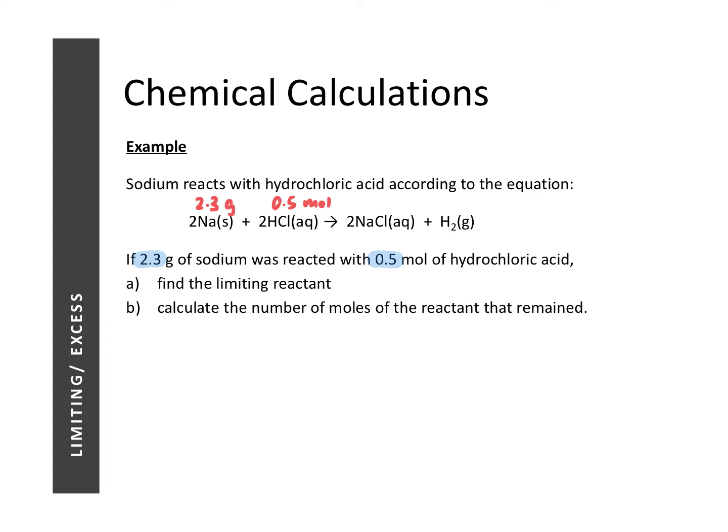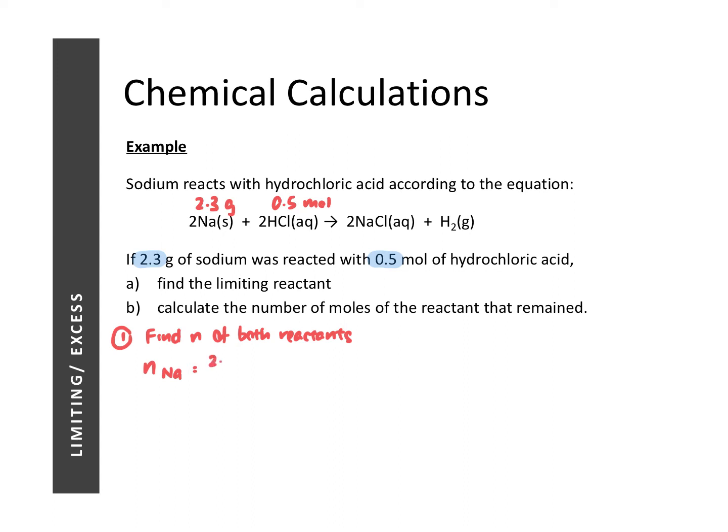Okay? So to solve limiting excess type questions, there is also a fixed approach, and we are going to go through the fixed approach now. Step 1, we have to find the number of moles of both reactants. In this case, we have to find the number of moles of sodium, and we are given the mass of sodium.